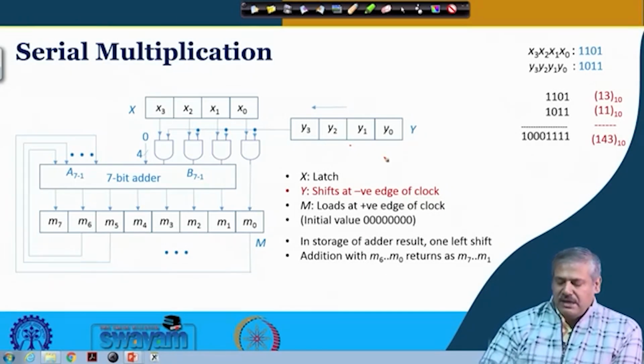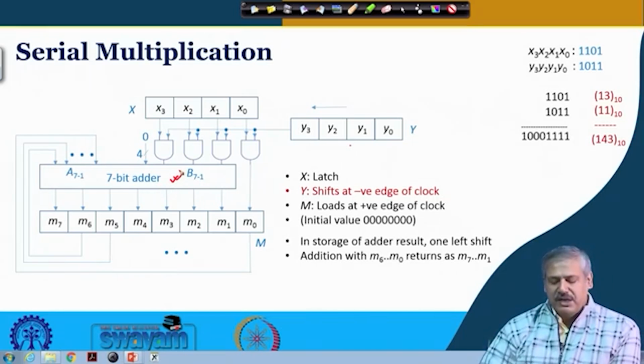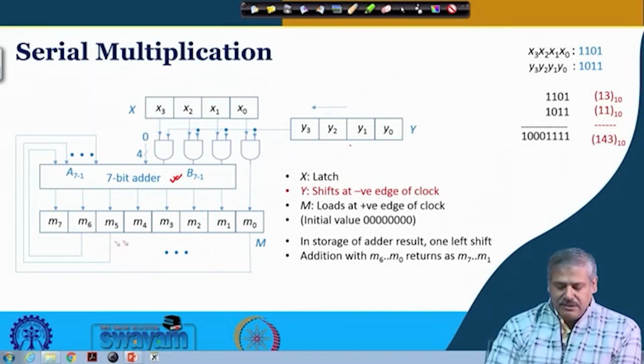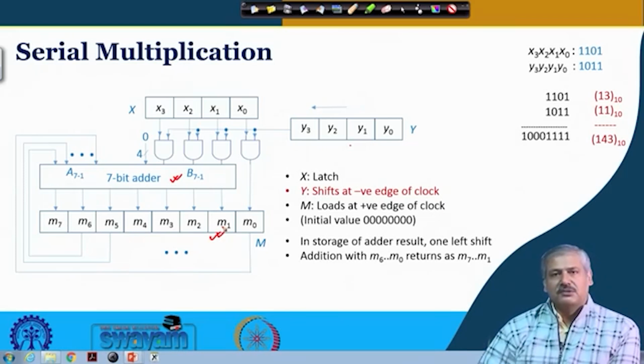In addition to that, we are using a 7-bit adder. Note that it is a 7-bit adder and a register which is 8-bit long. We are giving an example of 4-bit and 4-bit multiplication, so it can be extended for other cases.